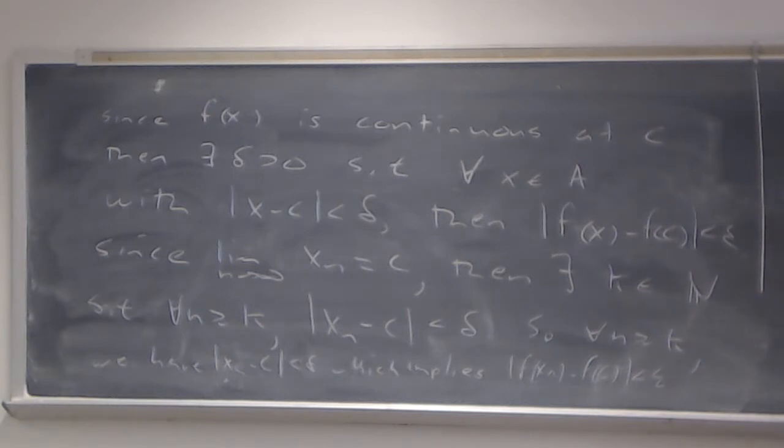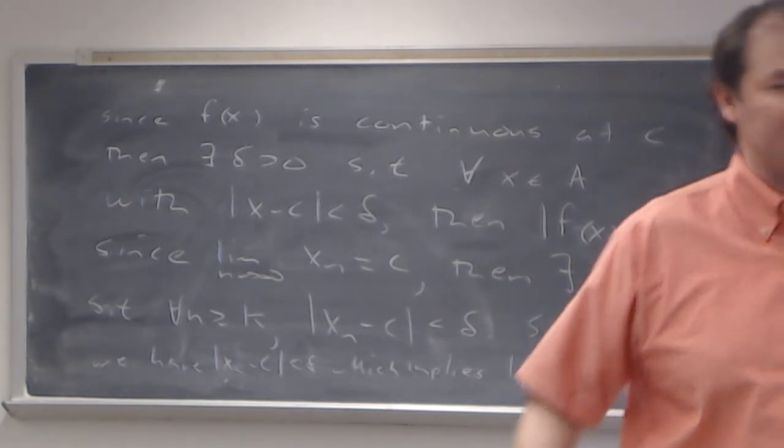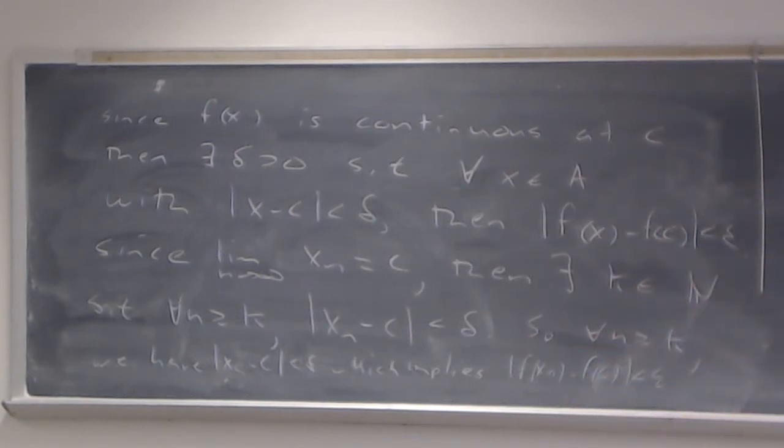So for all n bigger than or equal to this K, the distance between f of x sub n and f of c is less than epsilon, so that tells me that the limit as n goes to infinity of f of x sub n equals f of c.